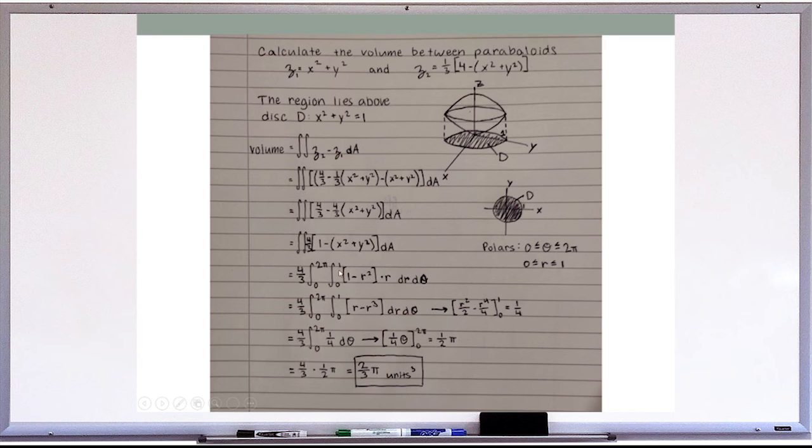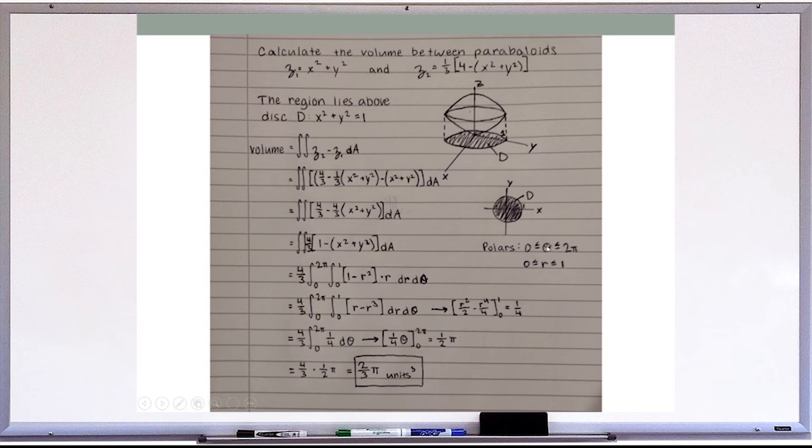next we need to find the limits of the double integral. To find these limits, we want to go back to this disk. Now we want to find the polars, which are essentially the limits of the double integrals. The polar with respect to r is simply 0 to 1, because it's 0 to radius 1.